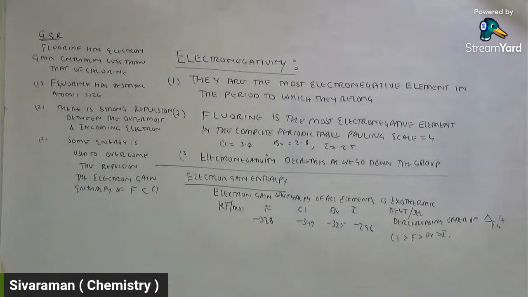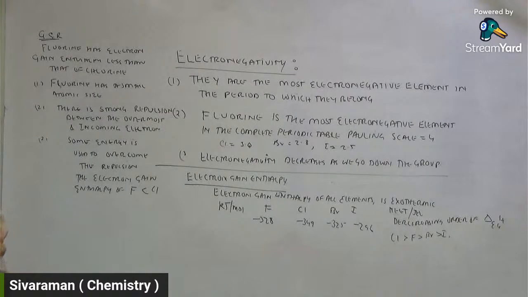I told you, see, technically, let's take a number. Fluorine accepts an electron to become fluoride ion. In the normal course, it would have given about 378 kilojoule per mole. But what it is actually giving is 328 kilojoule per mole. That means nearly 50 kilojoule has become less. Where did that 50 kilojoule go?